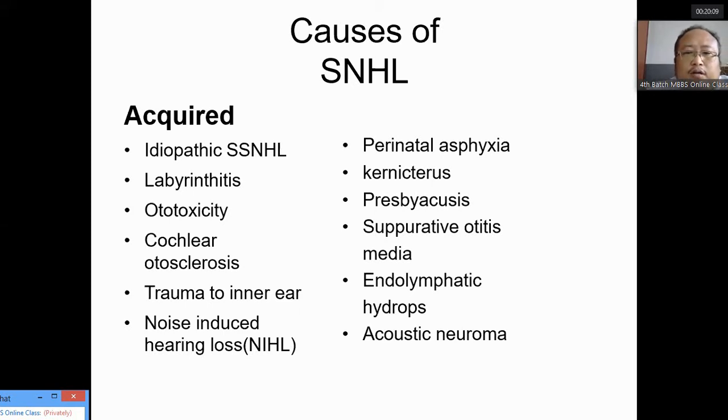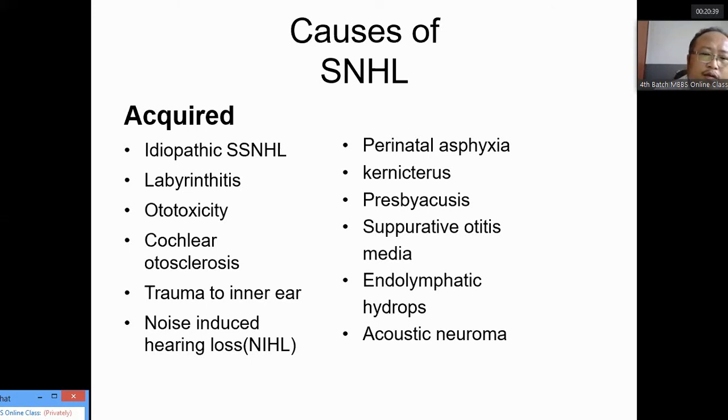Other less common causes would be perinatal asphyxia, otitis media, and acoustic neuroma. Presbyacusis is one of the commonest causes of sensorineural hearing loss among all the mentioned causes.